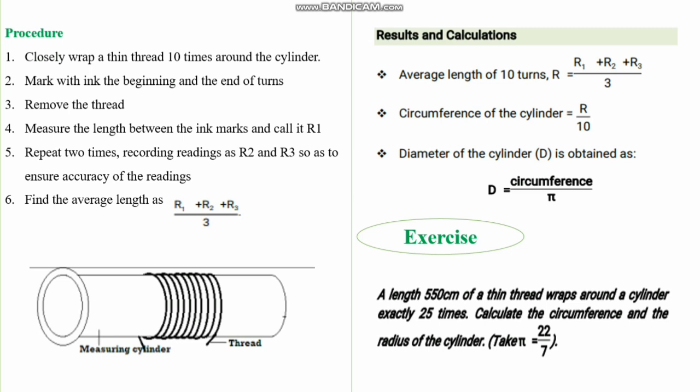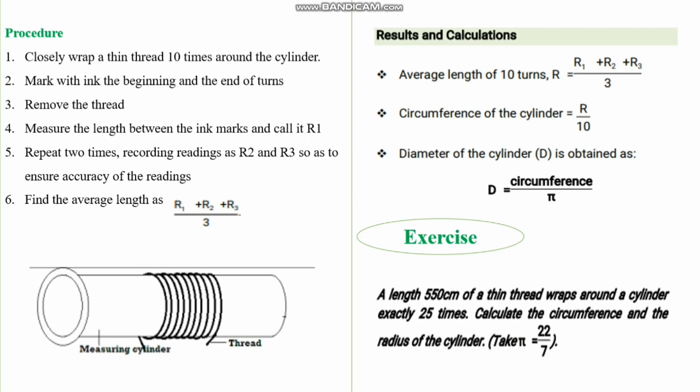That means that 25 times is equal to 25 times the circumference of the cylinder. So to calculate the circumference of the cylinder, it is equal to 550 centimeters divided by 25 turns. 25 is the number of turns. So to get 1 turn, which will be equal to the circumference of the cylinder.